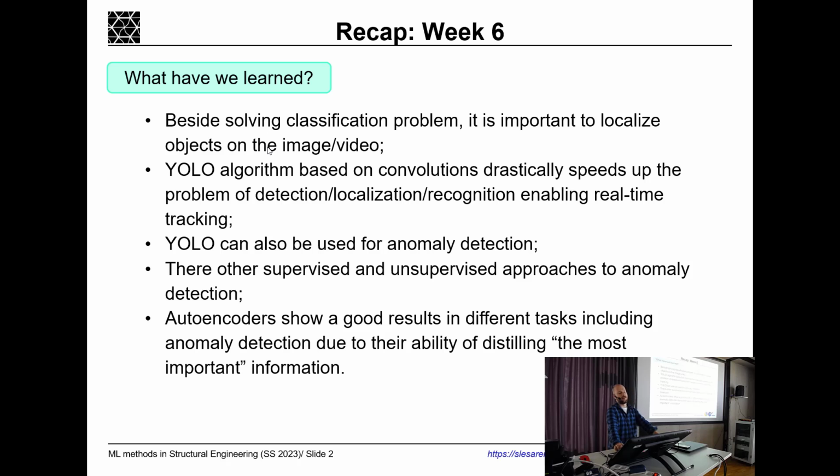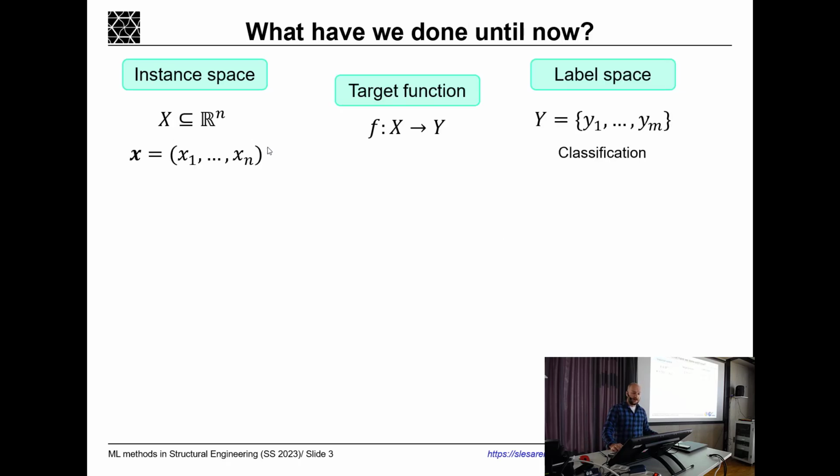And finally, one of the very cool architectures introduced last time was autoencoders, an unsupervised learning approach enabling the system to learn the most important features by itself rather than waiting for us to deliver these features. So yeah, and now we're going a little bit further.